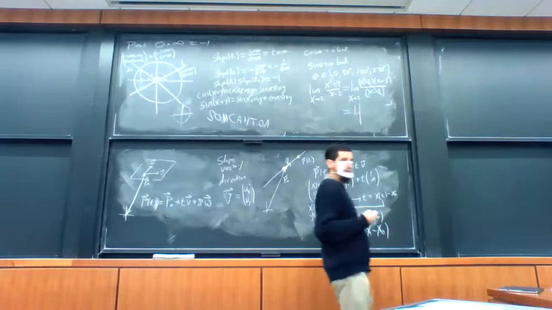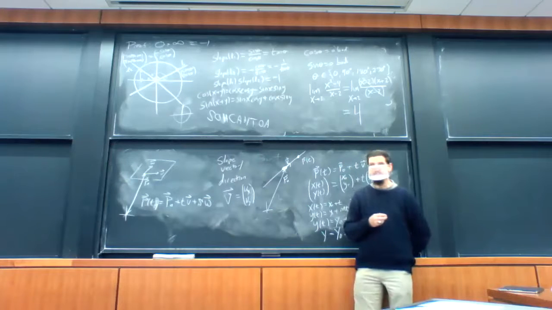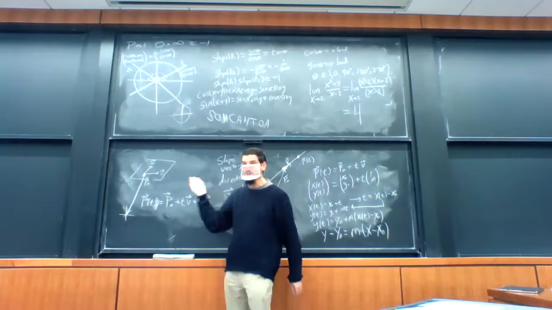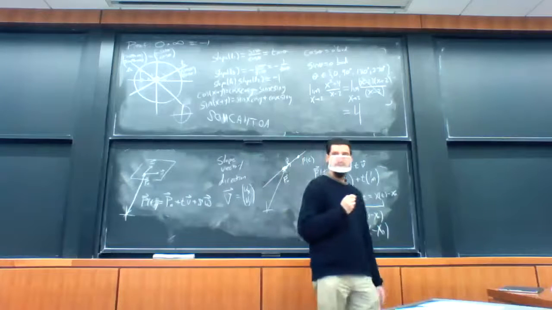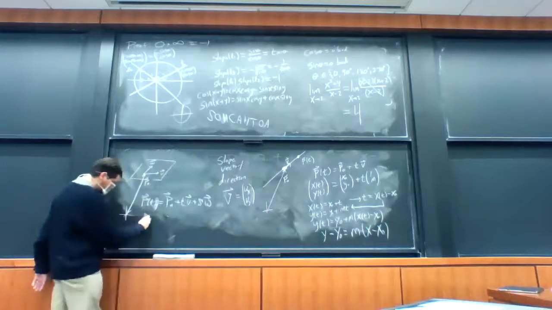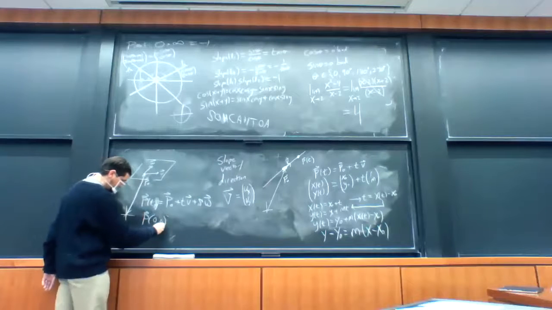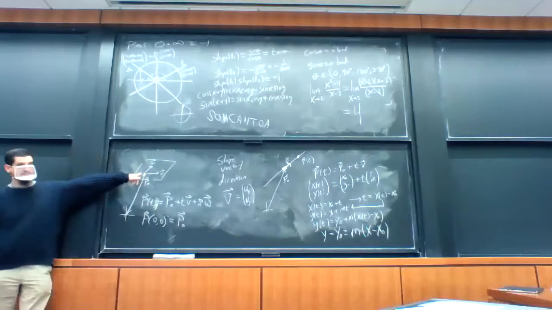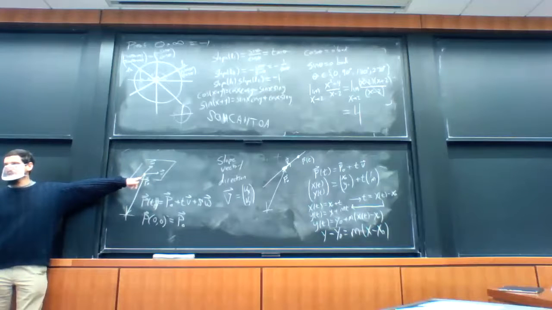And so what would be a good choice of s and t, where I should understand what's going on? (0, 0). If I look at what's going on at (0, 0), I get P(0, 0) is P0.